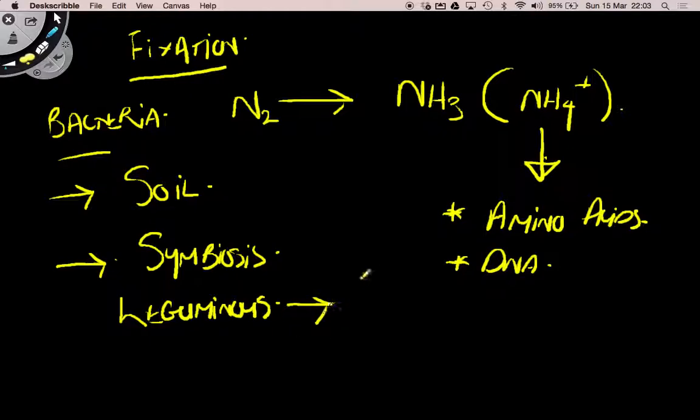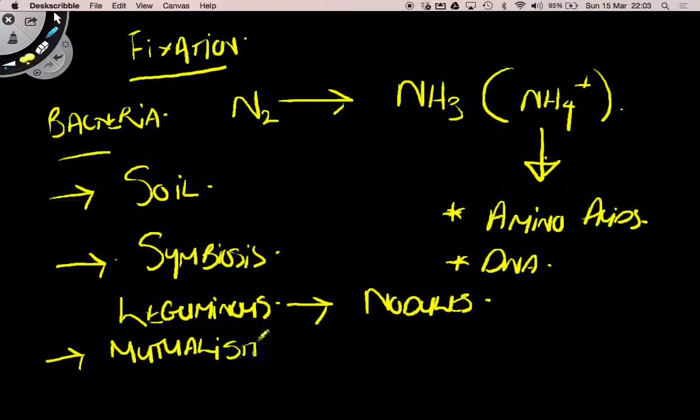They have developed what are called nodules within their root systems, which provide a home to these bacteria. Now what we're looking at here is what's referred to as mutualistic symbiosis. It's kind of, if you scratch my back, I'll scratch yours relationship.